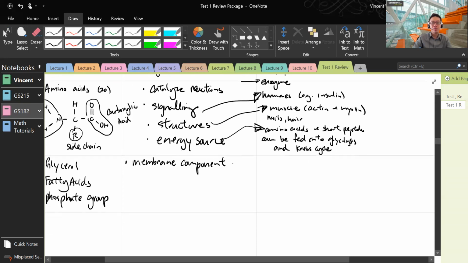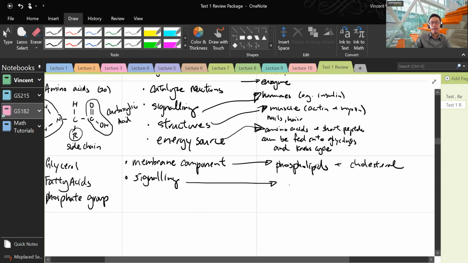Membrane components. What are the major lipid membrane components? Well, there's the phospholipid plus cholesterol. Lipids also help in signaling, such as hormones again. Remember, there are steroid hormones and protein hormones.